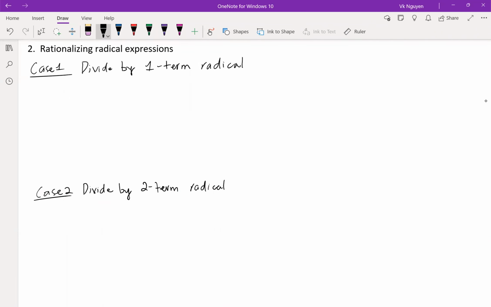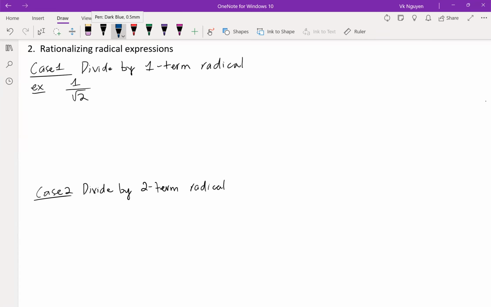2. Rationalizing radical expression. We have two cases. Case 1, divide by one term radical. Example, 1 over root 2. Remember, the denominator of a fraction has to be an integer.